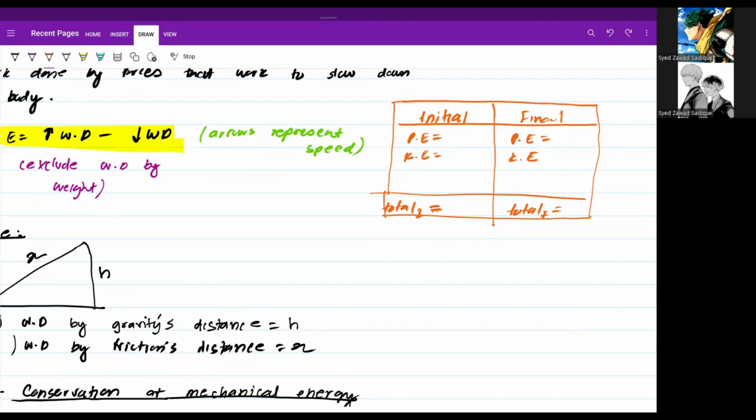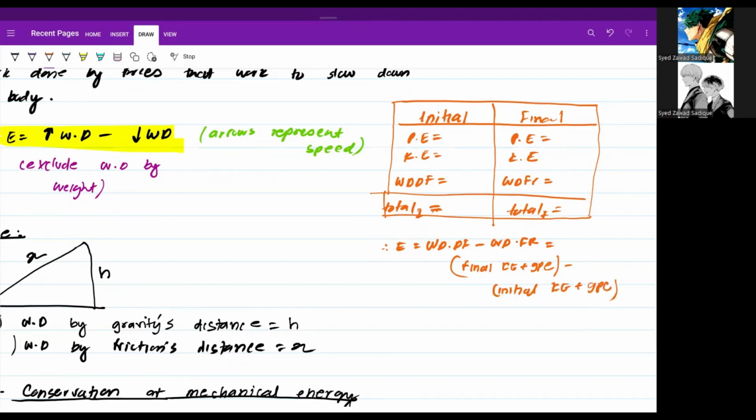I'm going to change it to work done by driving force and work done by friction, because a lot of people can misunderstand. Therefore, energy is fine, but it should be: work done by driving force minus work done by friction is equal to final KE plus GPE minus initial KE plus GPE.